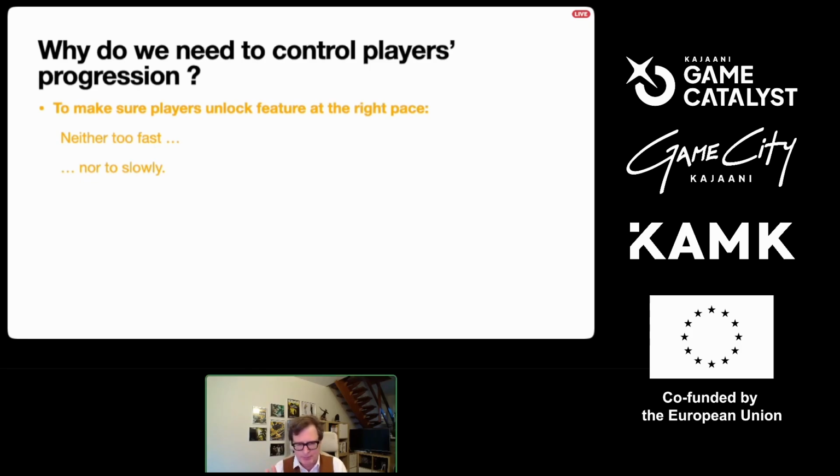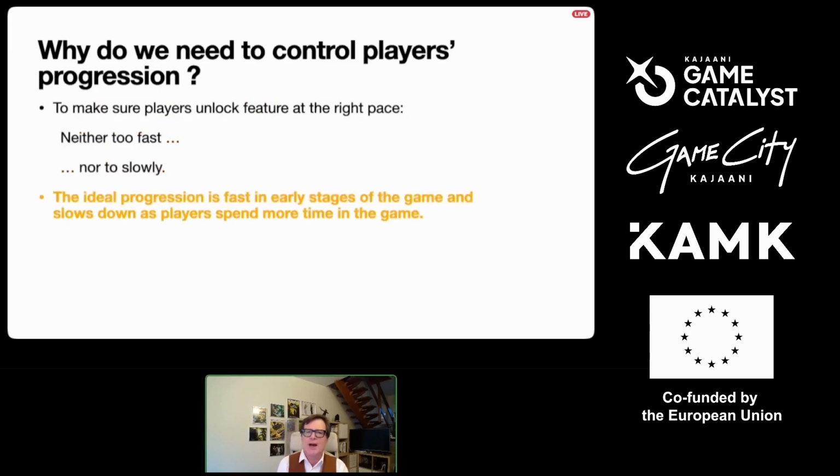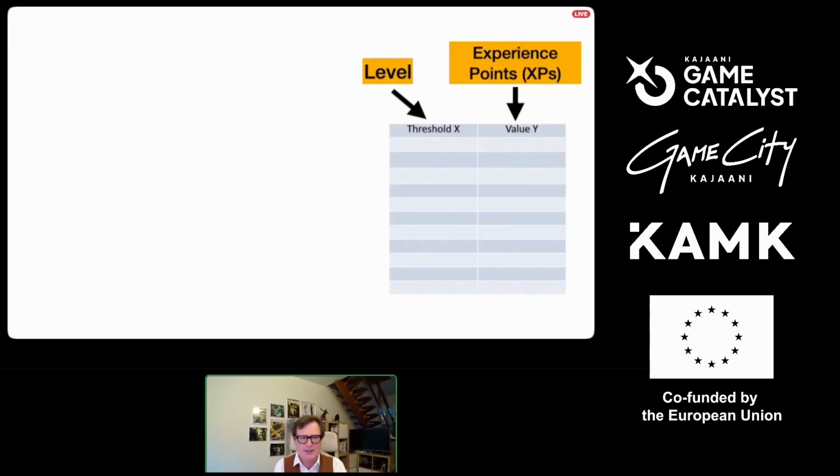Later on, progression must be slower to drive them to play a lot. That's the general strategy, and this is what you witness nearly everywhere. So the ideal progression is fast in early stages of the game and slows down as players spend more time in the game. That's the basic.